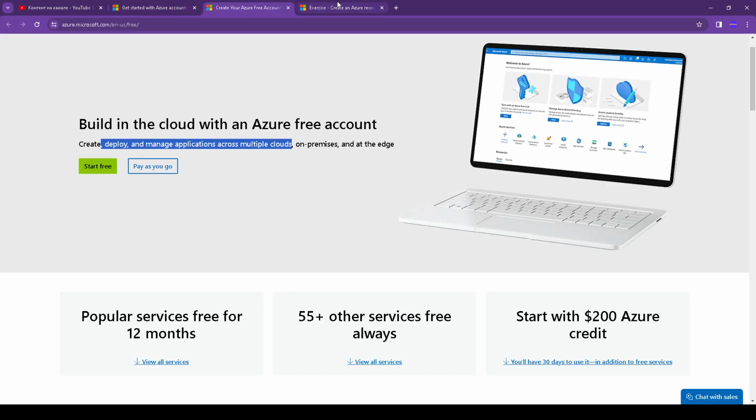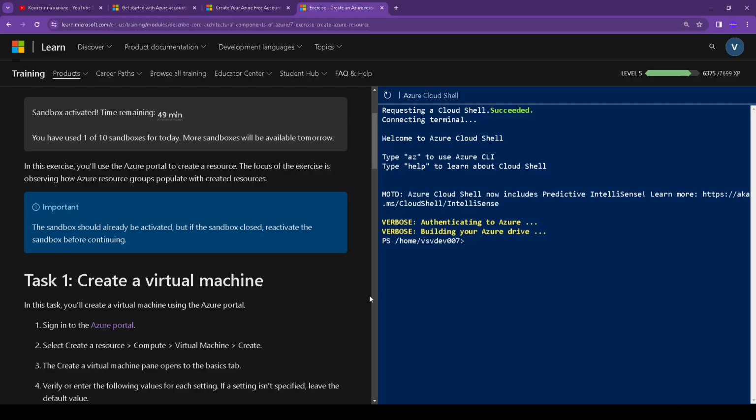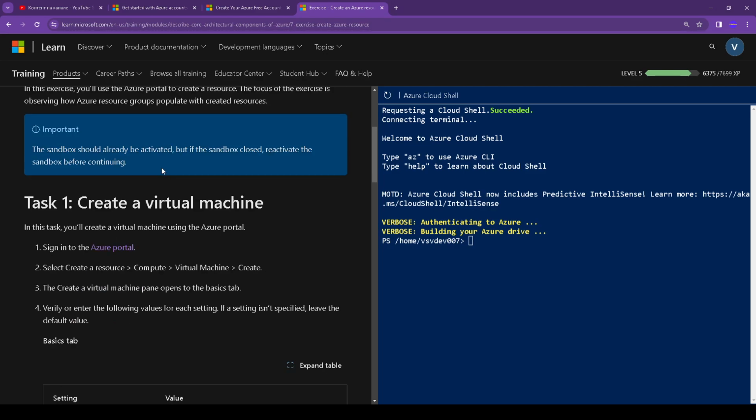So let's go to our lab. I run the sandbox. In each lab you can have 10 sandboxes available per day. So you need to activate the sandbox. When you activate the sandbox, you can navigate to the Azure portal.